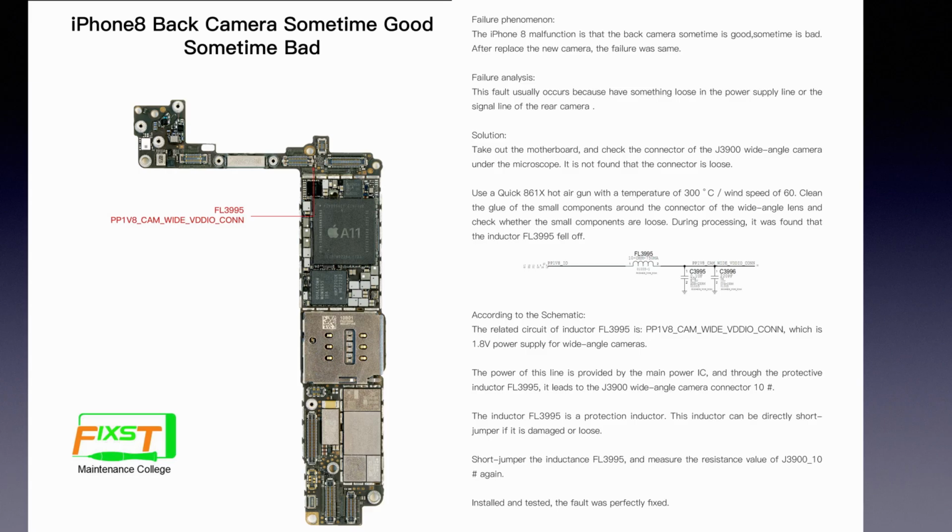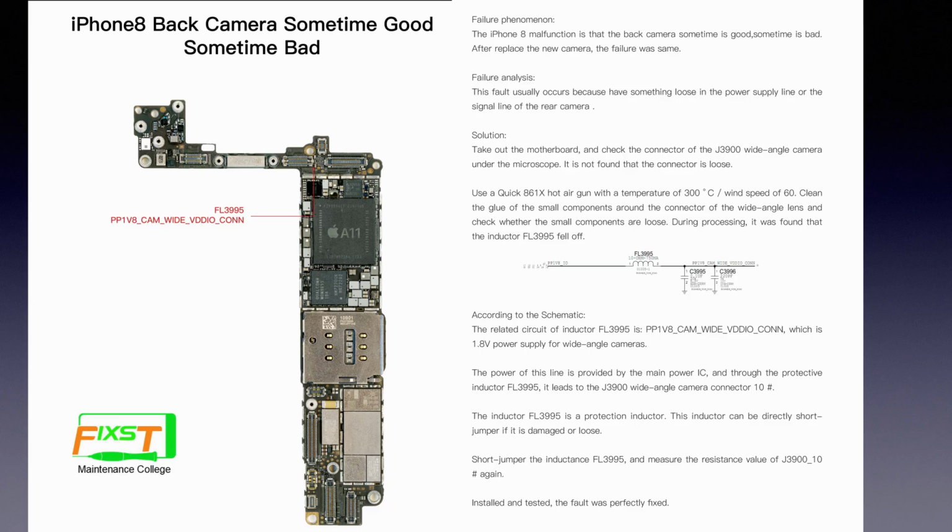First we need to take out the motherboard and check the J3900, the back camera connector. We can put it under the microscope to see whether this connector is loose or not. We did not find the connector loose, so we need to clean the glue from around the small components near this connector.